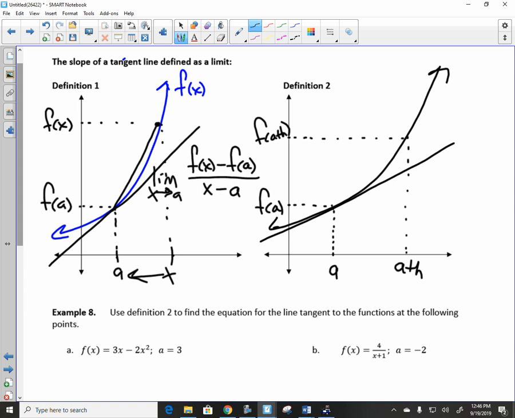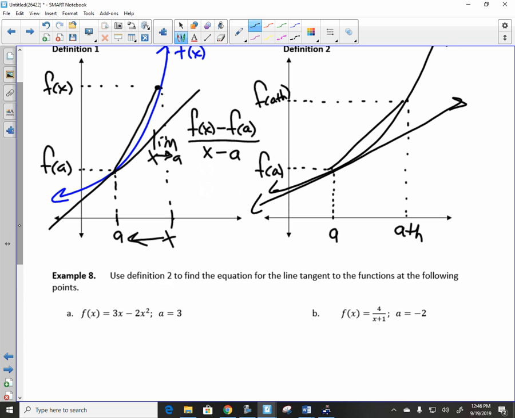Same drawing, same idea. This is y sub 2, or f of a plus h, minus what? f of a.